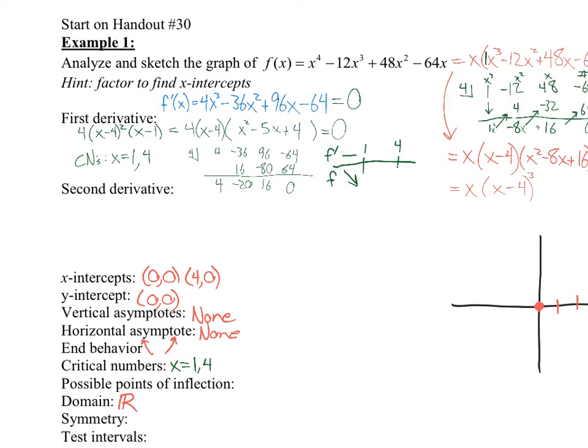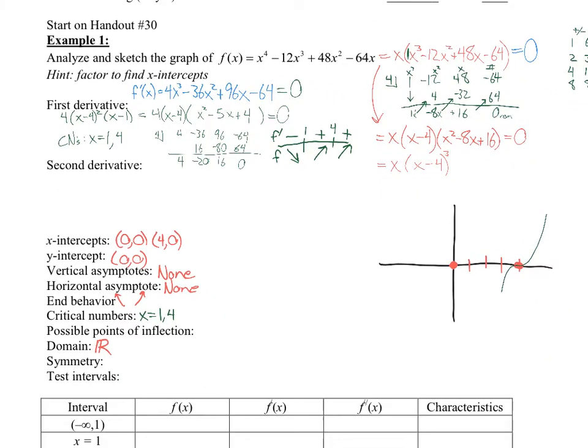The factored form, 2 minus 4 squared is positive, 2 minus 1 is positive, so that's all going to be positive. And if I plug in something bigger than 4, like a 5, I get a positive and a positive as well. So that confirms my thought that at 4 we had a plateau point. But it also shows us that at 1 we have a min.